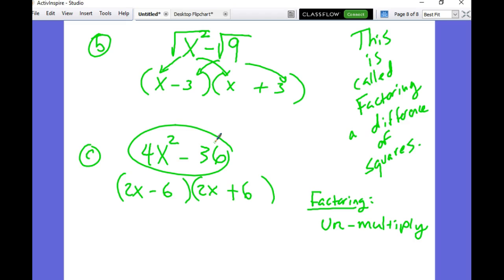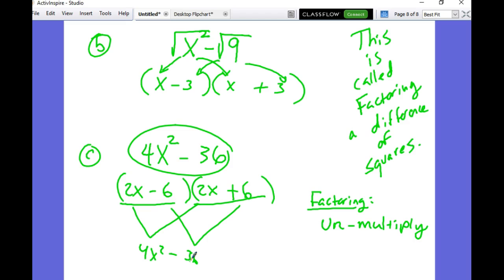That's unmultiplying it, right? We've done this problem in two ways. One way we did today is that we started like this, and we multiplied to get 4x squared minus 36. But now we're working backwards. We start with 4x squared minus 36, we break it apart. One is multiplying, and when you unmultiply it, we call that factoring.